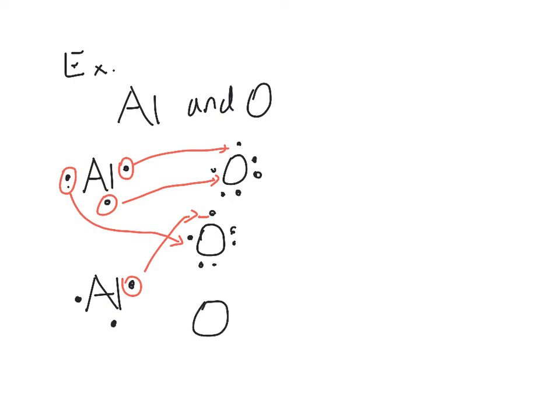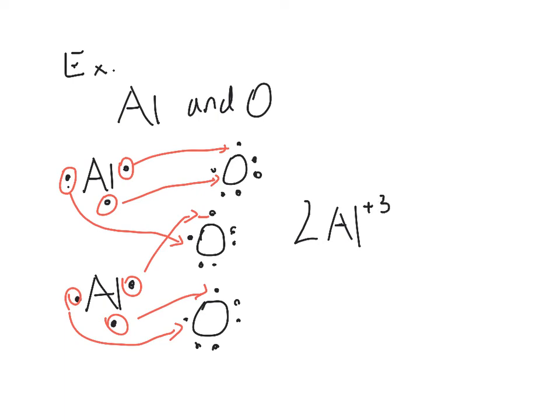And so I'm going to get 1 more oxygen that needs these last 2 electrons. And so my aluminum 1 will go here, this one will go here, and then finally I'm going to be able to write my structure: 2 aluminums that are going to end up with a +3 charge because they've lost 3 electrons, and 3 oxygens that are going to end up with all of the electrons.